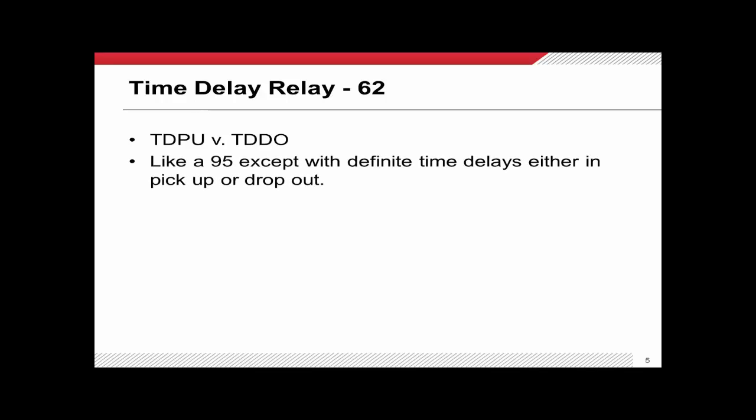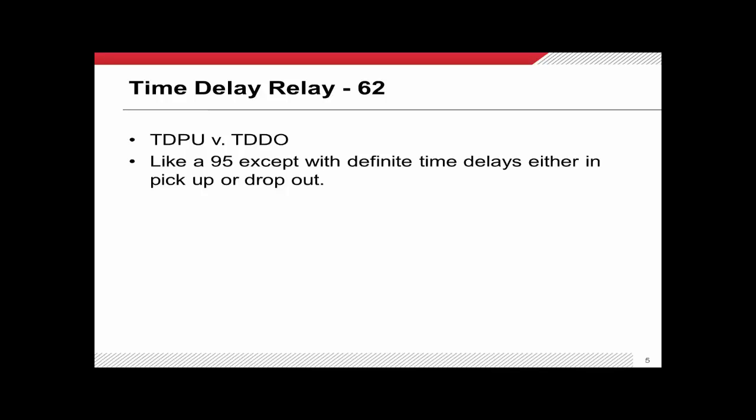Okay, one of the key components of a breaker failure scheme is the time delay relay, or the time delay function. These typically go by the acronym TDPU or TDDO, and that's time delay on pickup or time delay on dropout. These are just like the 95 auxiliary relays, very, very simple relay, except that there is a definite and very precise time delay either when the relay will pick up or drop out.